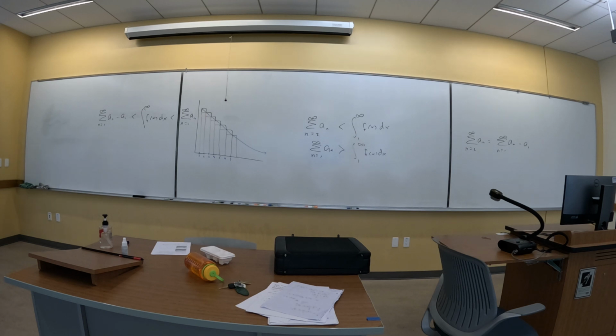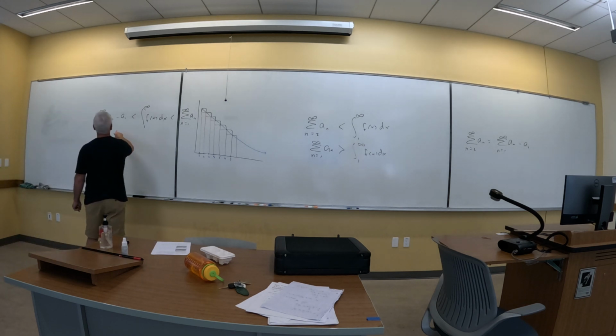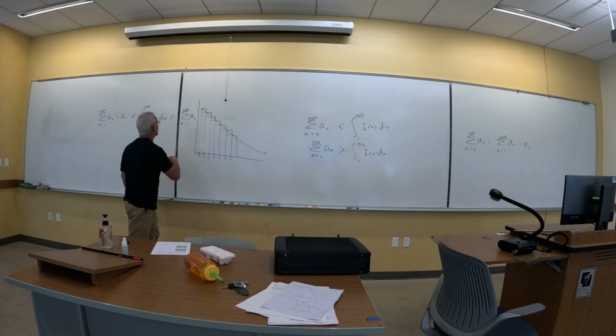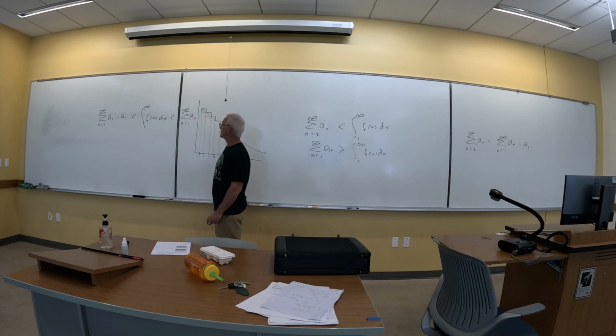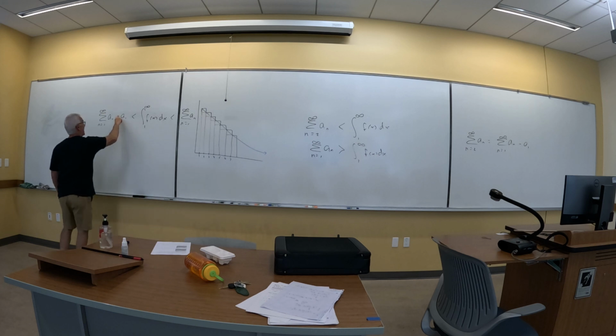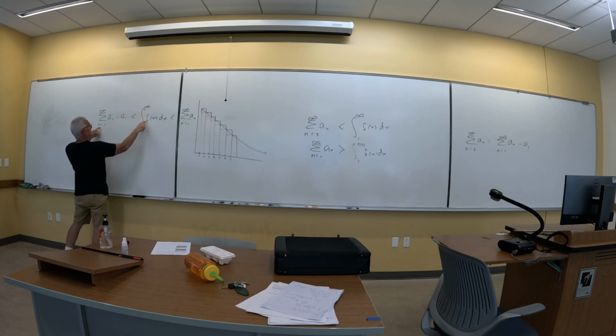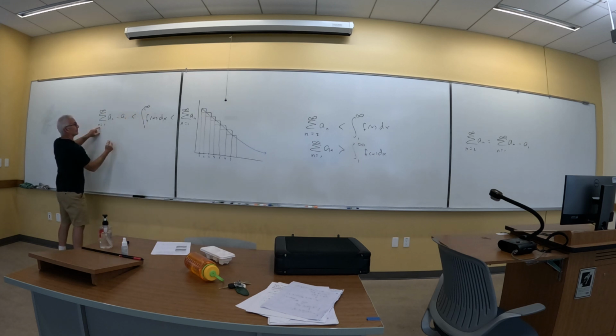I really want a situation where I have the summation in the middle. Right now, my integral is between the summation minus the first term and the summation itself. Well, if I add the A1 to this term right here, okay, then wouldn't it be the case that this is the last thing we need to write?